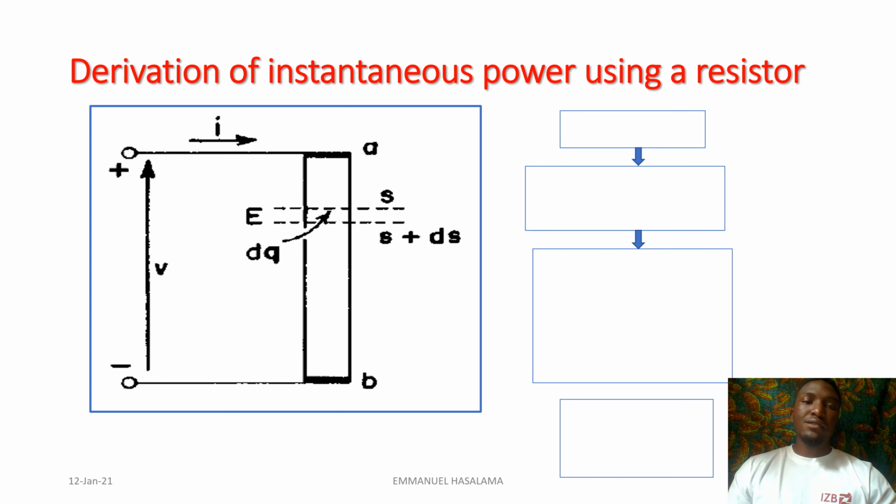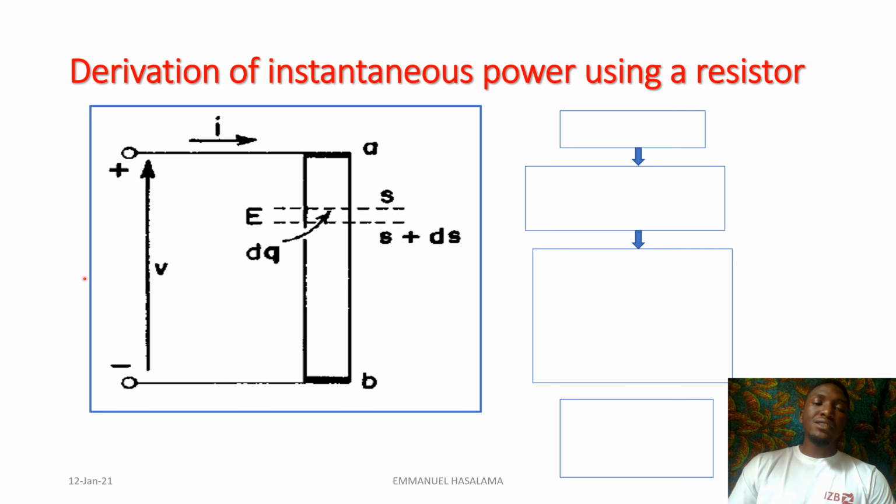Okay, so let us consider this setup here, where you have a resistor to which a voltage V has been applied. Since there's a voltage across this resistor, there's going to be current flowing through it. Since the top part is positive and the bottom part is negative, we're going to have an electric field in this resistor.